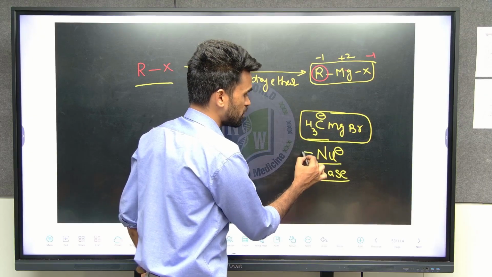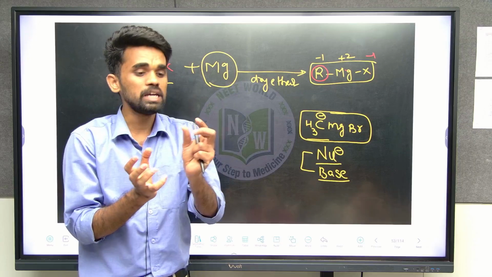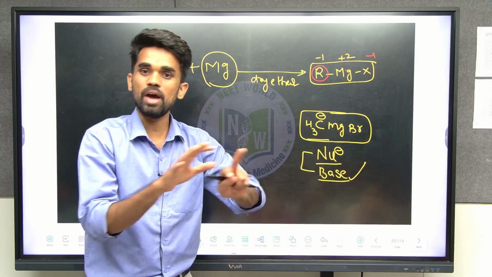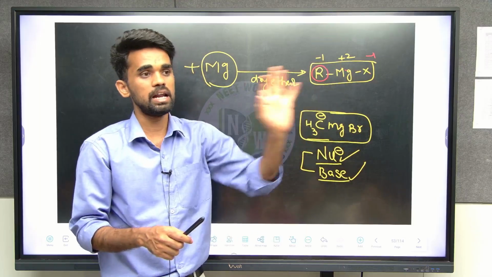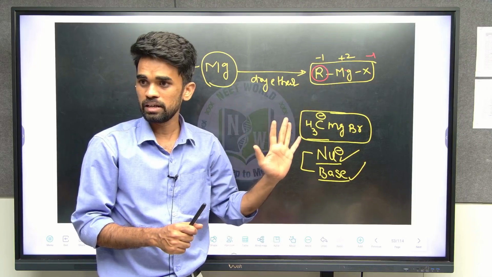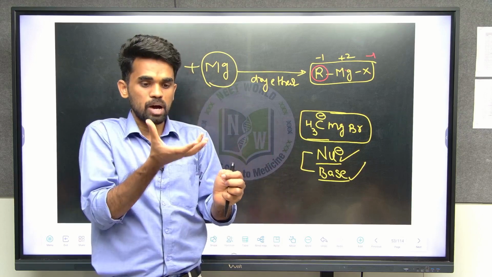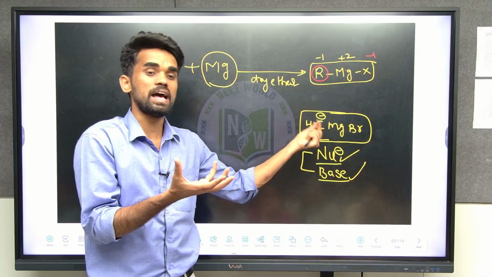Sir, how to decide whether it is a base or a nucleophile? See, first of all, in a given compound, if there is any acidic proton, it will act as a base. If there is no acidic proton, it will act as a nucleophile and attack that electrophilic carbon. Is this clear? Every time when you are doing organic reactions, if in the given compound any acidic proton is there, then that negatively charged species acts as what?